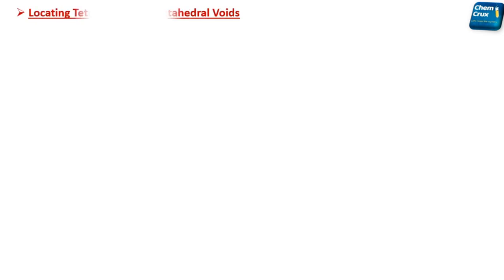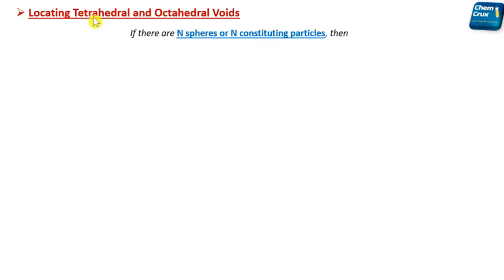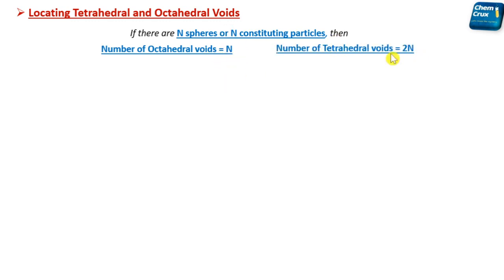Next is locating tetrahedral and octahedral voids. So we have this generalized formula which says that if there are n spheres or n constituting particles, the number of octahedral voids would be equal to n and the number of tetrahedral voids would be equal to 2n.